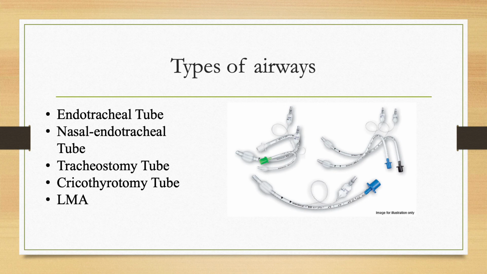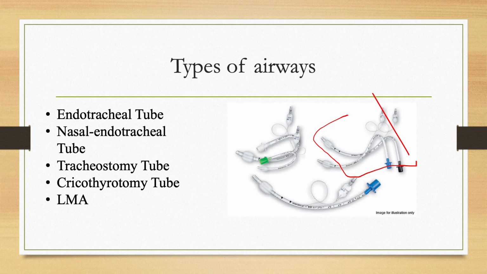There are specially designed tubes called nasoendotracheal tubes. These are curved. They are on the right side of the screen right here. I'm sorry, my drawing's not the best, but these are specially curved to be placed through the nasal passage and go down to the lungs.